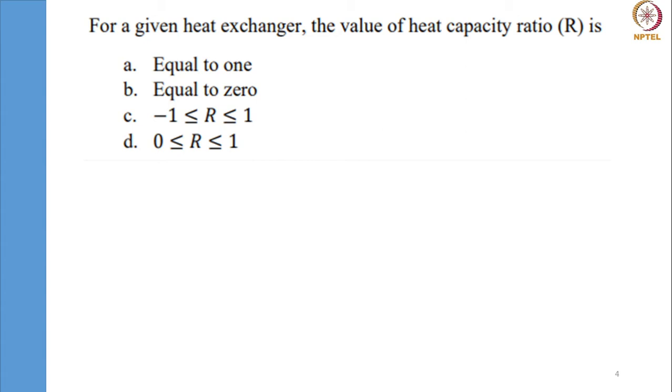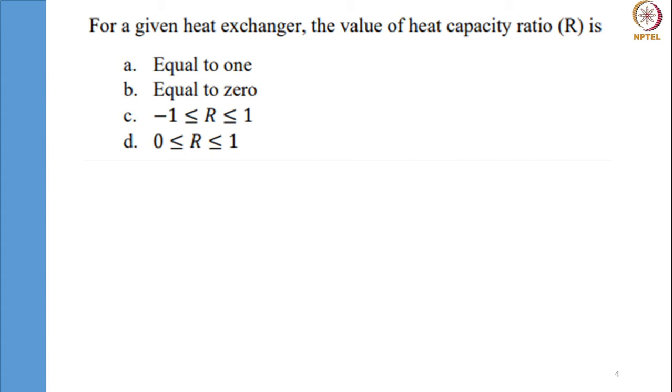One of your friends says it is equal to 1, and one of your other friends says it has a range between 0 to 1, both 0 and 1 included. Does anyone want to answer this? You can join. It should be D.